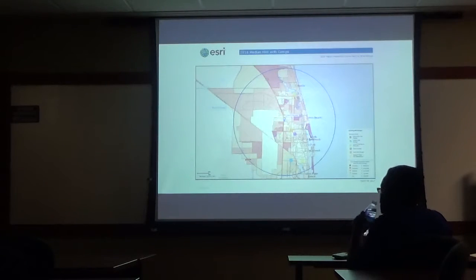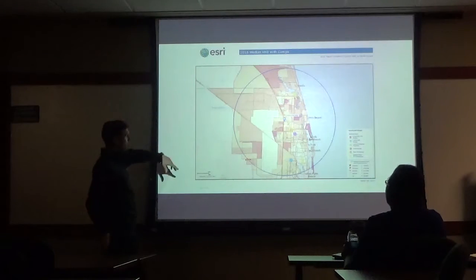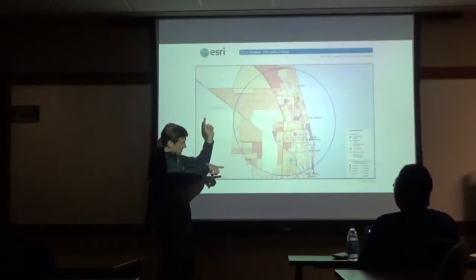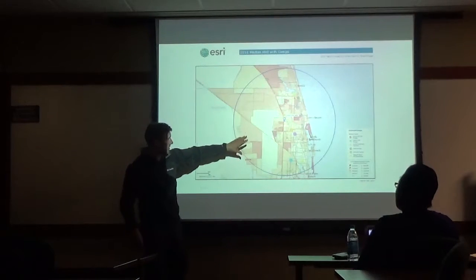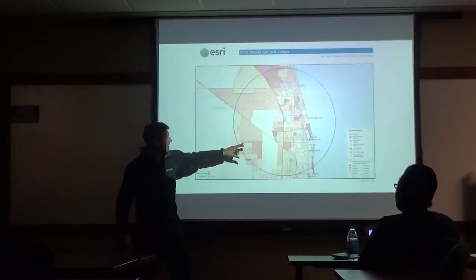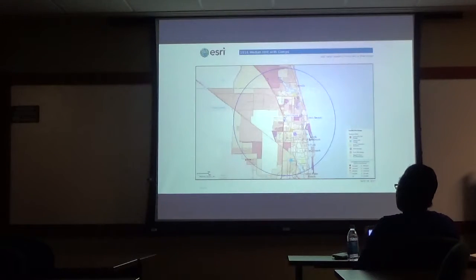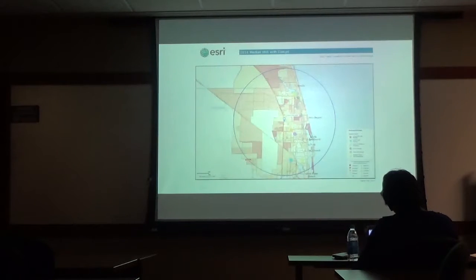Now, here I did a median income where I clicked the radius and plotted the points of the competitors. Here's the subject in the middle, of course, and what you're going to see now is the colors change. That's because this is 2016, and then we're forecasting to 2021.